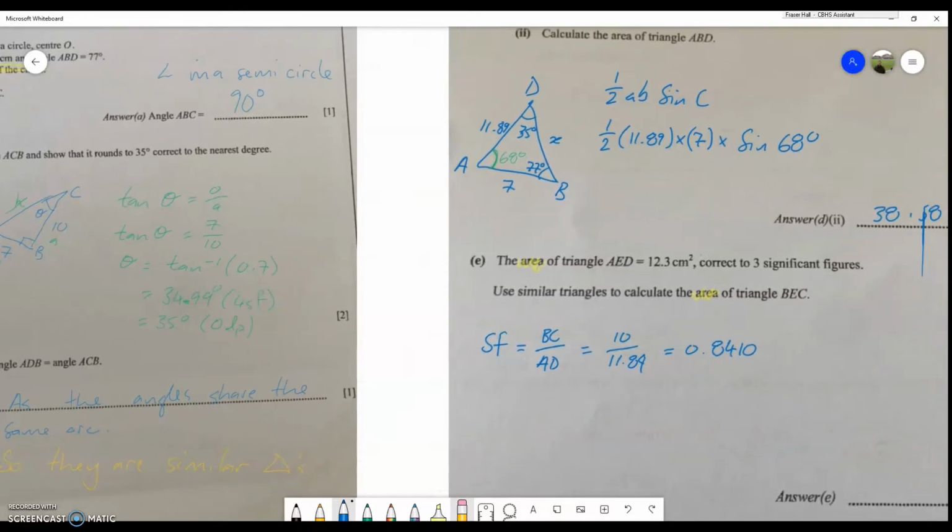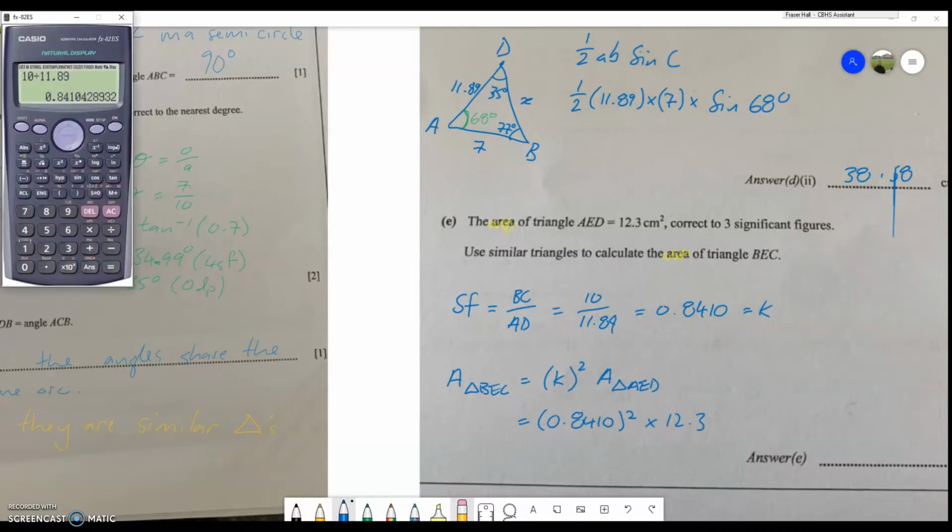All right, but because it's area, to work out the area of triangle BEC it is going to be equal to the scale factor k squared times the area of triangle AED, which means we are going to use 0.8410 squared times 12.3.